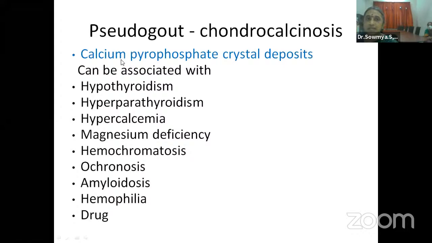The crystals here are calcium pyrophosphate crystals, and many times they can be associated with thyroid or parathyroid disorders, hypercalcemia, hemochromatosis, ochronosis, and even systemic amyloidosis can present with pseudo-gout-like changes. Hemophilia and drug-induced causes can also be associated with pseudo-gout changes.